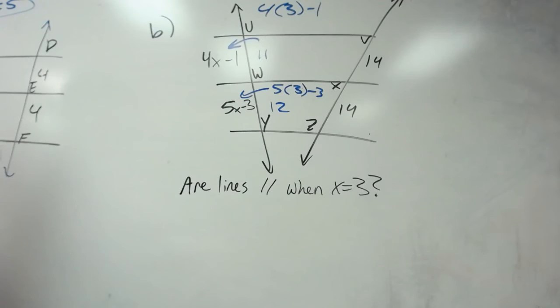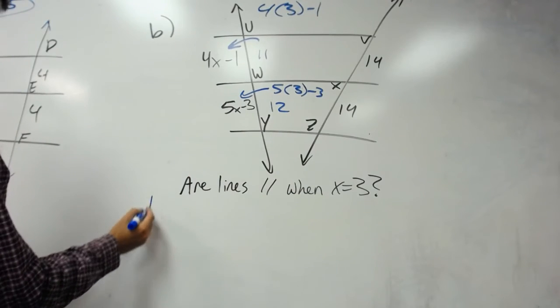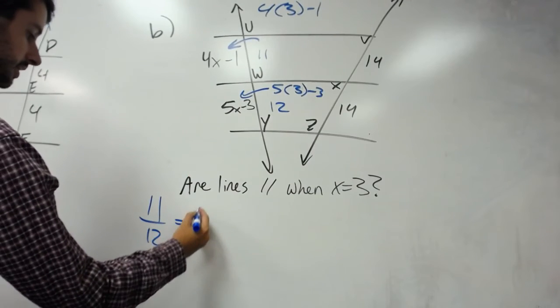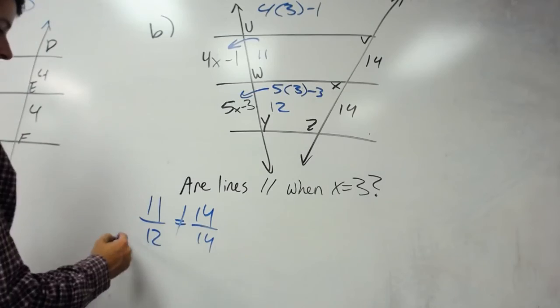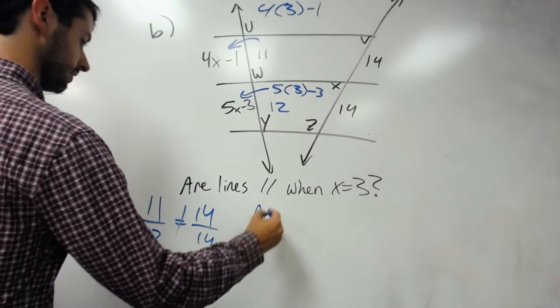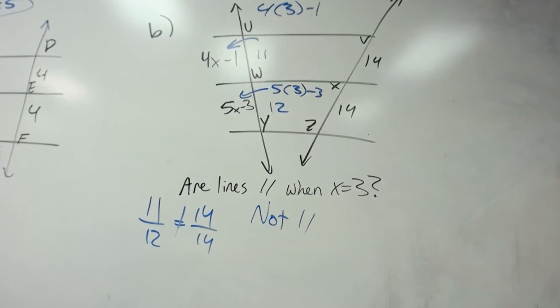If I was doing a proportion, you would see that 11 over 12 is not equal to 14 over 14. So therefore, the lines are not parallel. That's kind of the converse of what we just did. But that's how you solve for proportionality theorems. And that is the end of lesson 60.